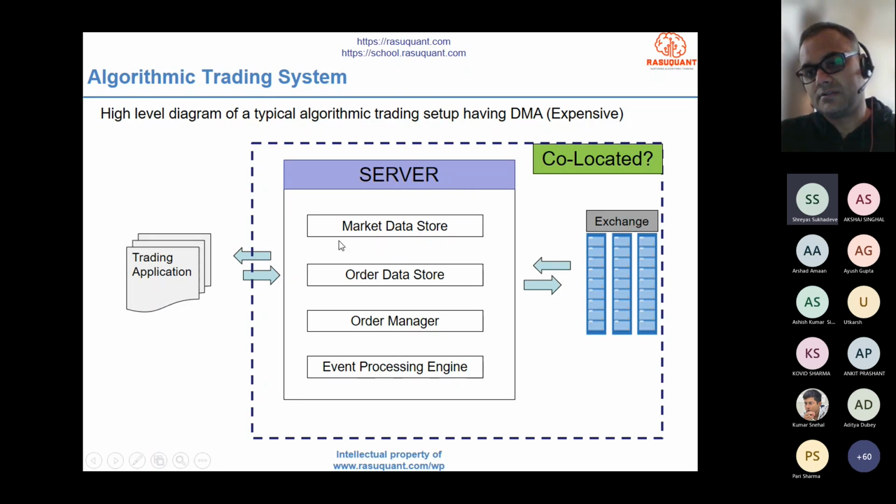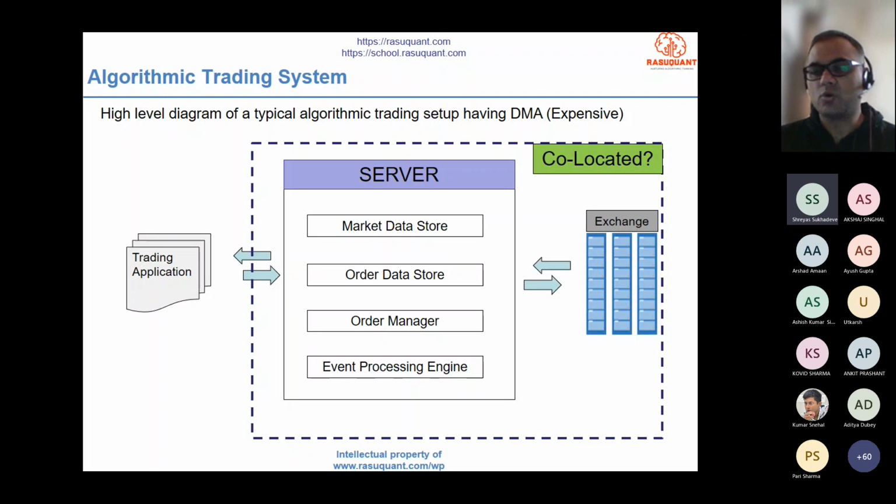The server needs to handle both historical data and real-time data. It needs to handle your orders: what orders you have placed and what the status of the order is, because this information is also shared by the exchange on a real-time basis, and you need to be cognizant of what orders you have placed, what your position is, etc. Then it needs a very sophisticated event processing engine that decides what happens under a given event.